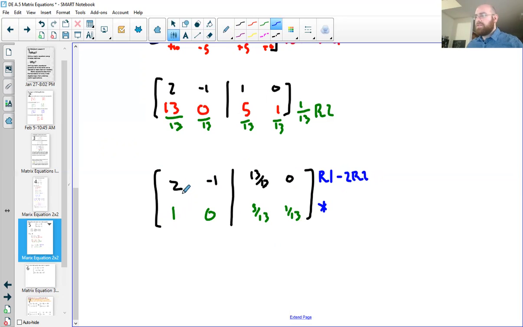So it'll be 2 minus 2 is 0, minus 10 over 13, minus 2 over 13. Then we'll have 0. -1 minus 0 is still -1. And then we'll have 3 over 13 and -2 over 13. In our second row, we have 1, 0, 5 over 13, and 1 over 13.